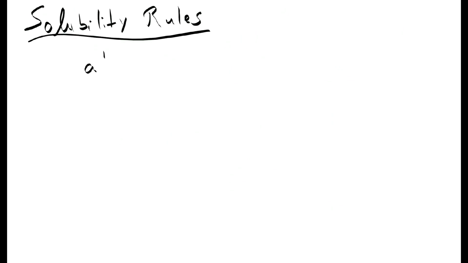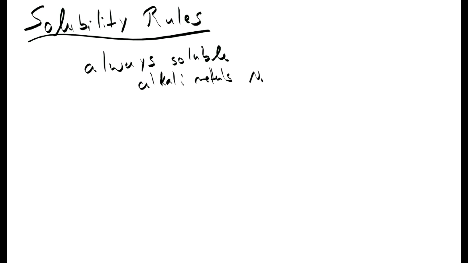Now, some things are always soluble. You have a salt made with one of these ions, it will always dissolve no matter what. Okay? So the alkali metals. That would be the first column in the periodic table, the first group. So sodium, lithium, potassium, and so on. Also, always soluble are some polyatomic ions.